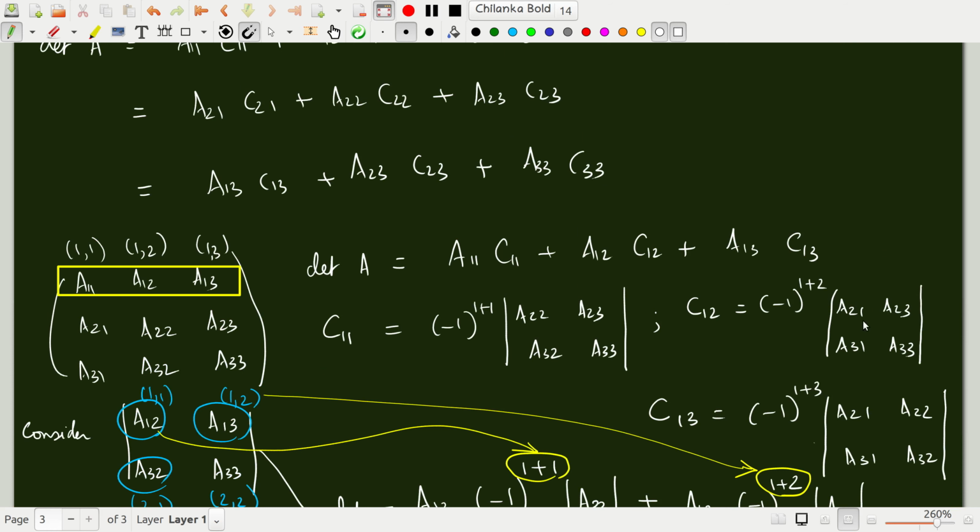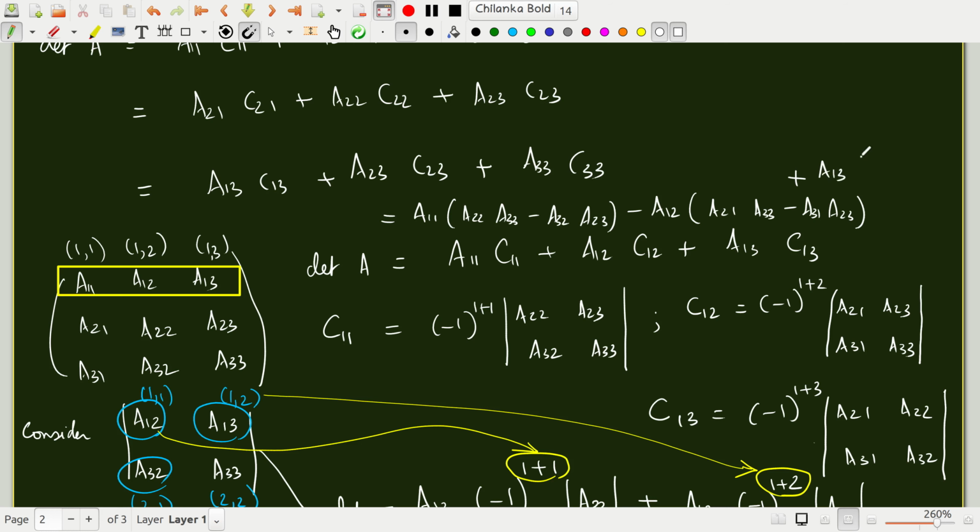So you can similarly find out what these are, and you will get the answer that this is A11 times A22 A33 minus A32 A23, minus A12 times A21 A33 minus A31 A23, plus A13 times A21 A32 minus A31 A22.